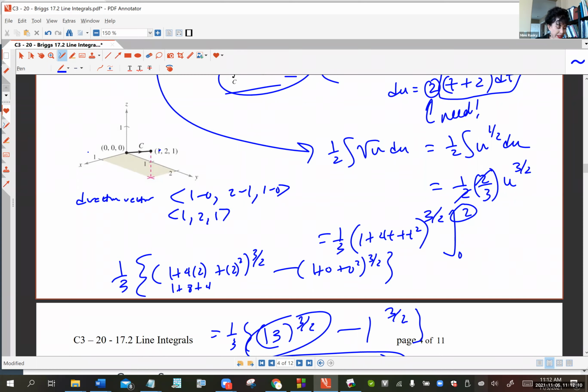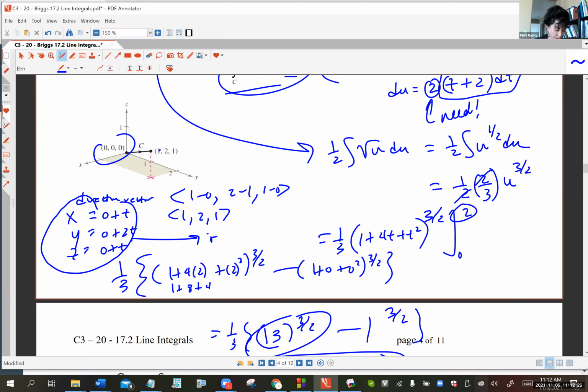And then you can pick the point 0, 0, 0, and you can get the parametric equations, 0 plus 1 times t, 0 plus 2 times t, 0 plus 1 times t. And then you can put this into a vector valued function, r of t equals t, 2t, t. And then the only thing that's missing from this parameterization is what are the start and stop times for your t.